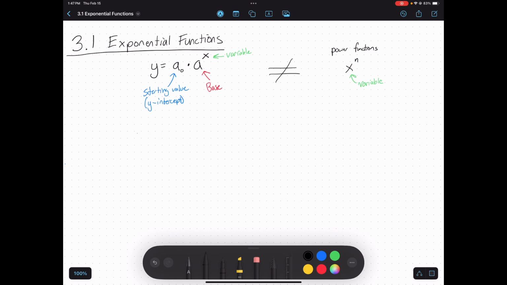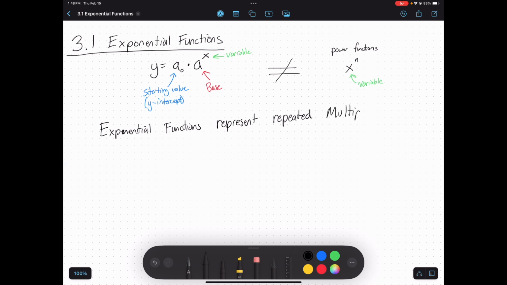Okay, so what makes a function exponential? Exponential functions come from repeated multiplication. We've seen something like this before with linear functions.